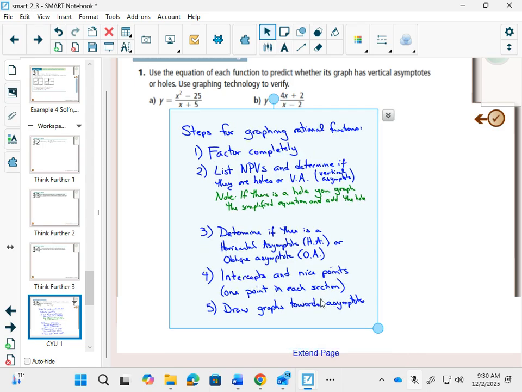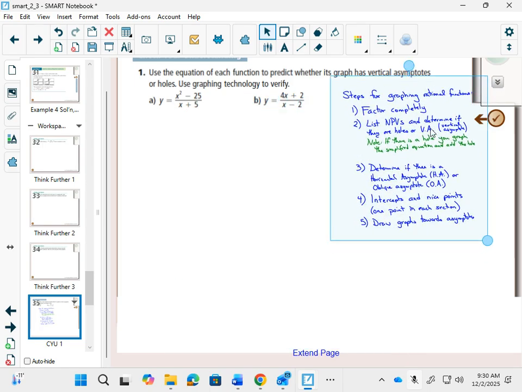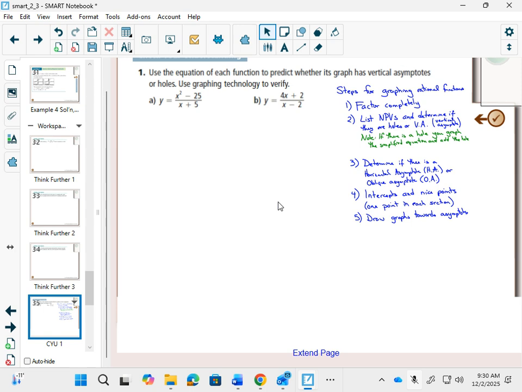So now that you've written this down, I'm going to make it a little bit smaller, move it off to the side, and we're going to graph this ourselves.